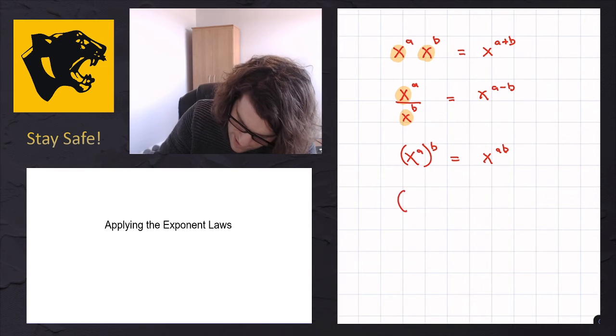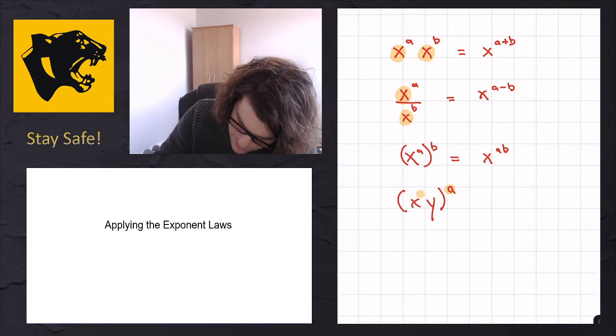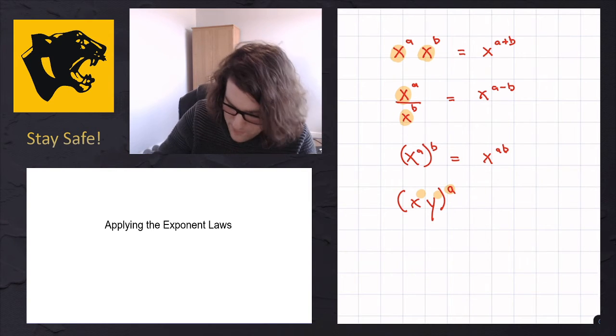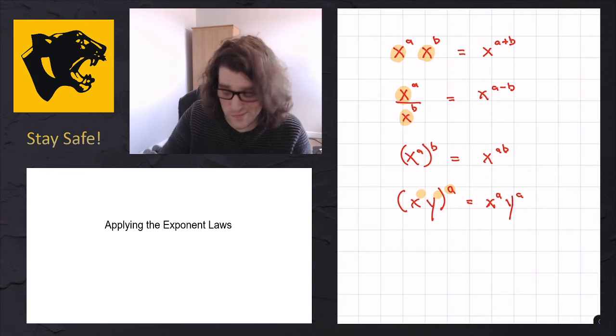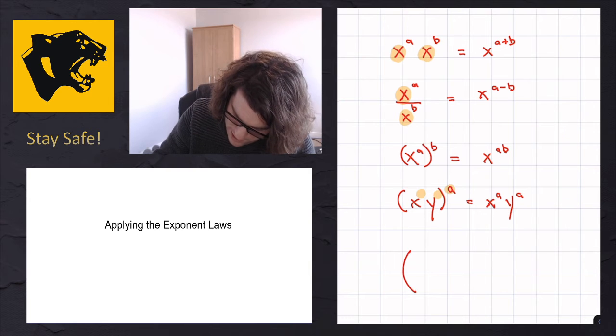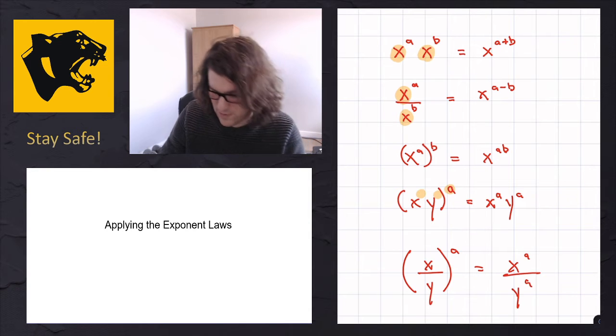If I have x and y to the power of a, then the a actually affects both the x and the y, and we can write that instead as x to the a, y to the a. If we have a fraction of x over y, and then we have that to the power of a, then that's equal to x to the a divided by y to the a.